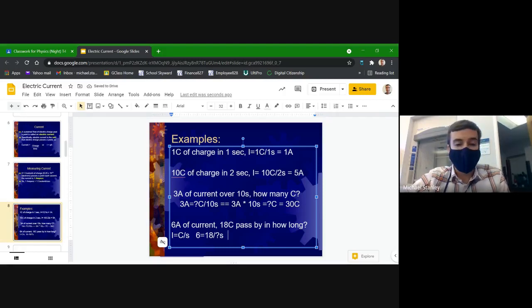We do some super basic algebra, and essentially we just switch the time and the amps. So if we want to know how much time it takes 18 coulombs to pass through in a 6 amp current, we can do our time equals our charge divided by our amps.